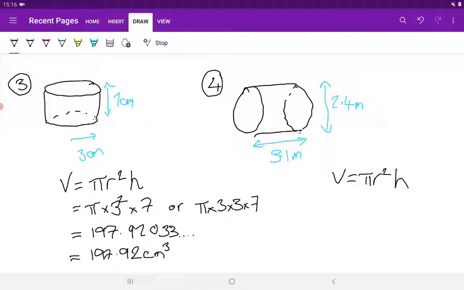Okay, and then just one more example. Volume is pi r squared h. Now with this one, look at this. This is actually the height of the cylinder. The height is kind of the distance between the two circular faces, if you like. So in this case, our height is going to be 3.1. But also the other thing that's a little bit weird about this one is the radius.